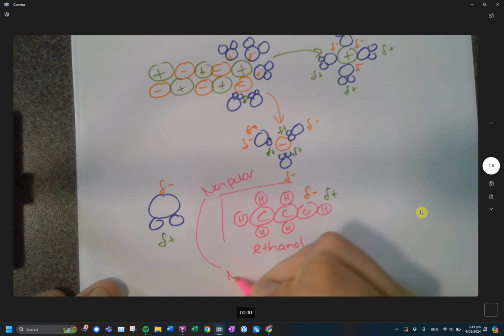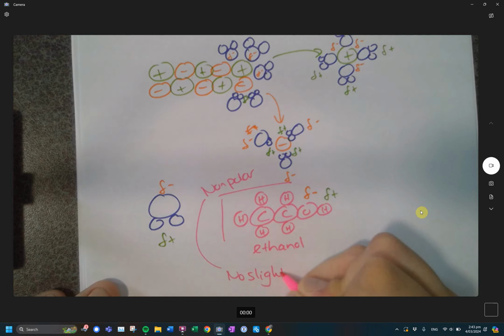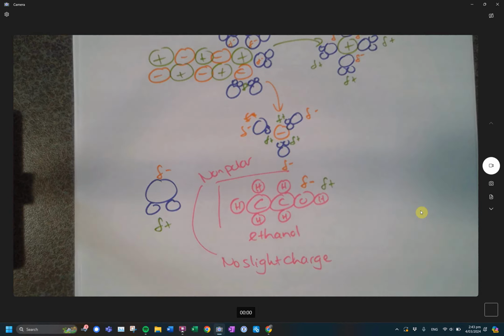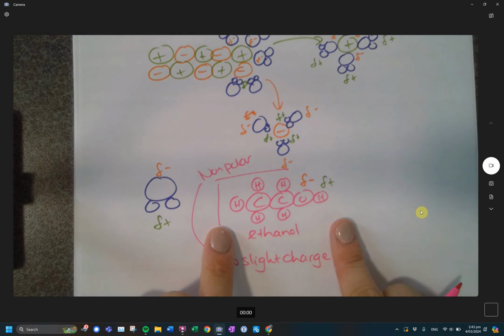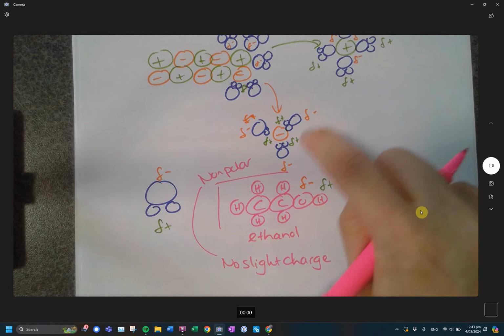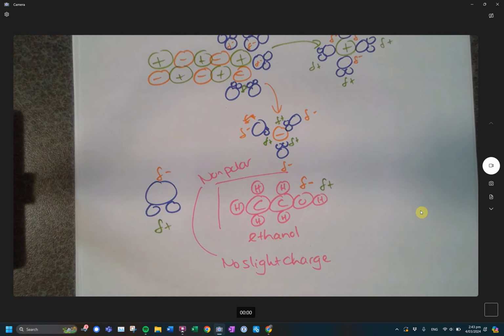So nonpolar, no slight charge. So if I don't have any charge, I won't be able to attract any of the ionic solids because I won't be able to pull those ions out. There's nothing to attract to it. So this guy here was sparingly soluble because there was a little bit of a charge, but it wasn't as dramatic as the water. So that's why you saw kind of a continuum. Are we okay with that so far? Questions, concerns, comments?